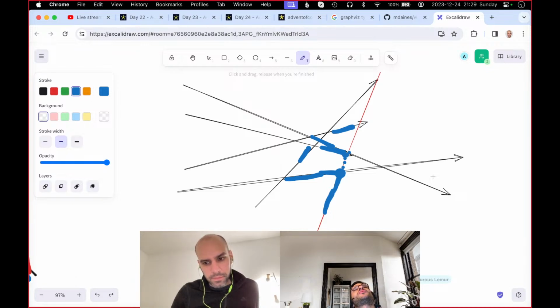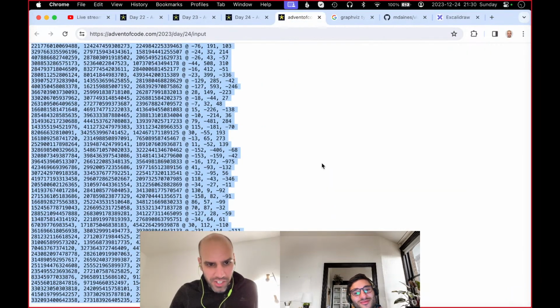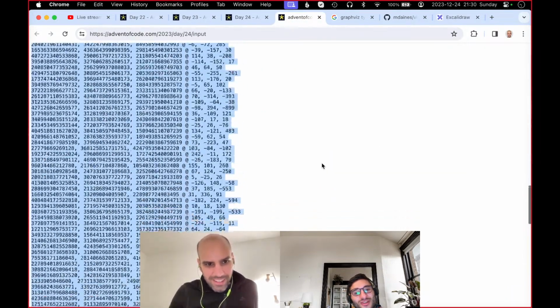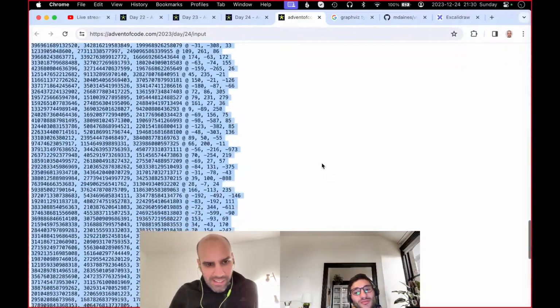I wonder if we could use heuristics to narrow the search space rather than calculating this deterministically. We could do a kind of binary search, like just try out some lines, see how many work out, and then until we converge. Yeah. Because there's only going to be one place.